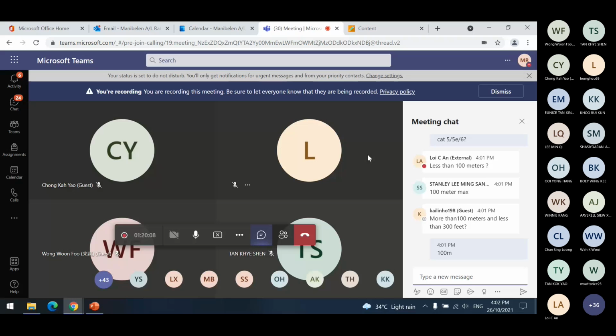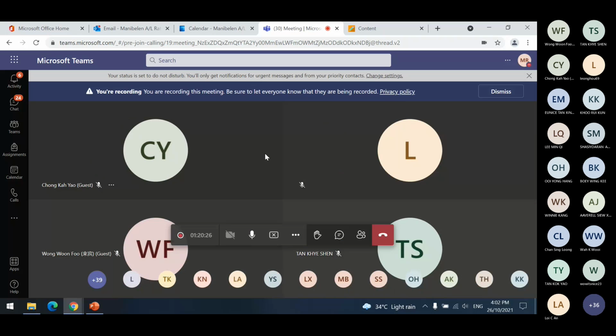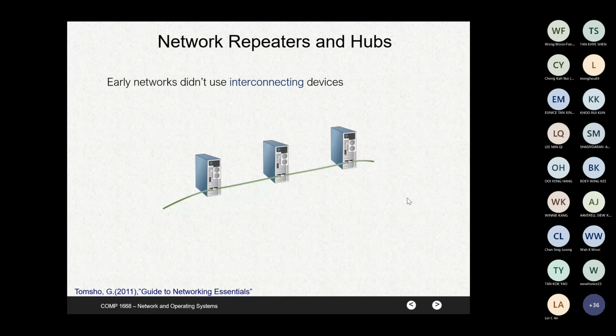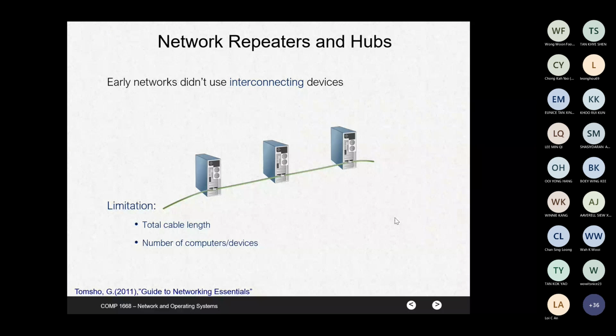What happens if anyone sits more than 100 meters away, which is quite common nowadays? That's the reason why they came out with devices such as repeaters. What repeaters will do is repeat, or retransmit, the signal.